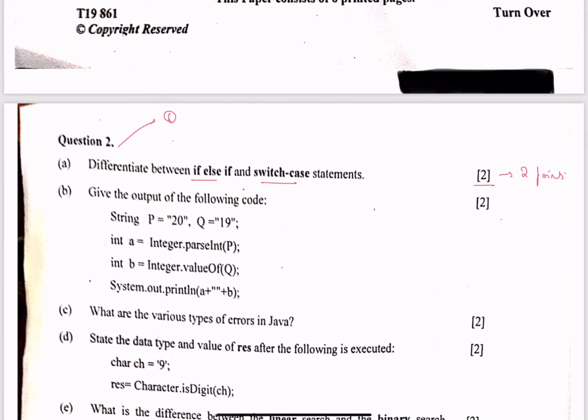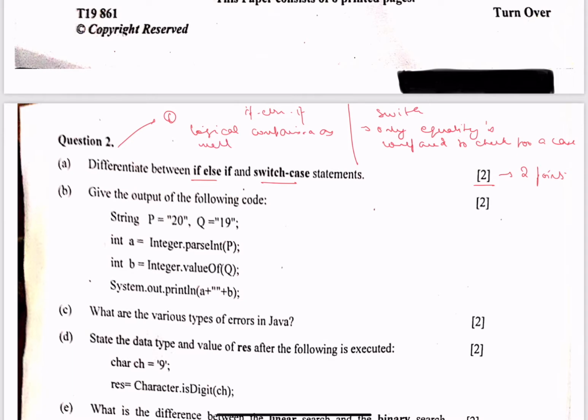So one you can write that for if else if and for switch. So in switch only equality is compared to check for a case, whereas in if else if you can have logical comparison as well.